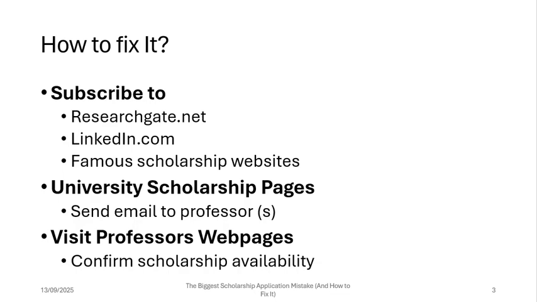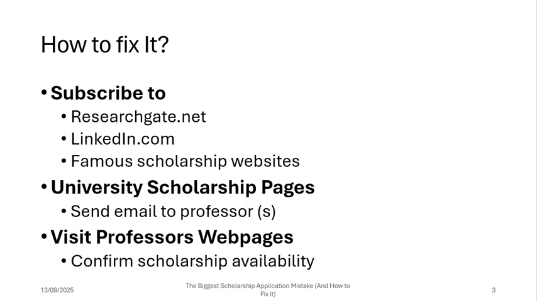Make sure you list your area of interest and the country in which you are interested in applying for the scholarship, and then subscribe on the website. Similarly, you can do it for LinkedIn or other famous scholarship websites. This is the first step to make sure you are applying for the right scholarship, and you don't make the no-research mistake.